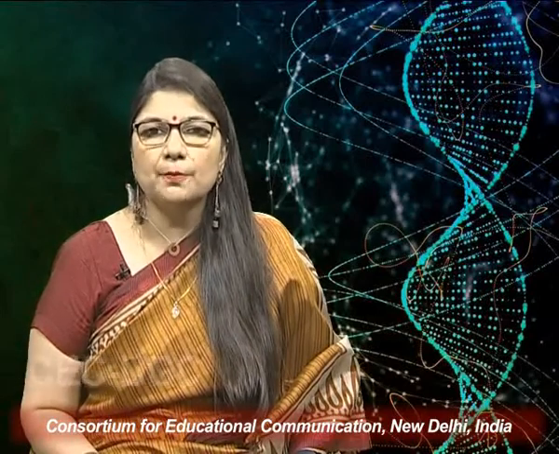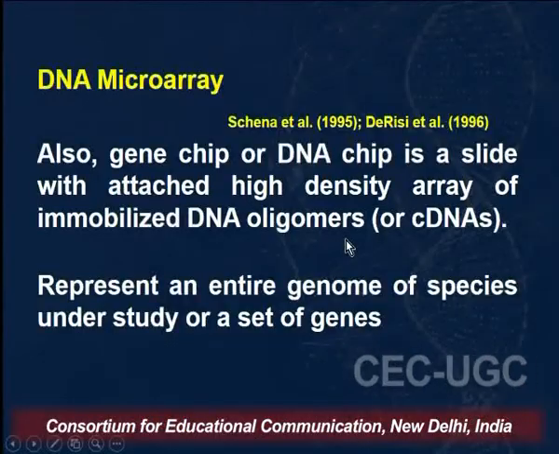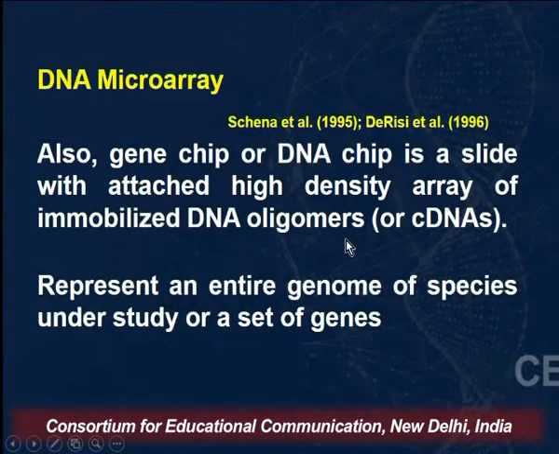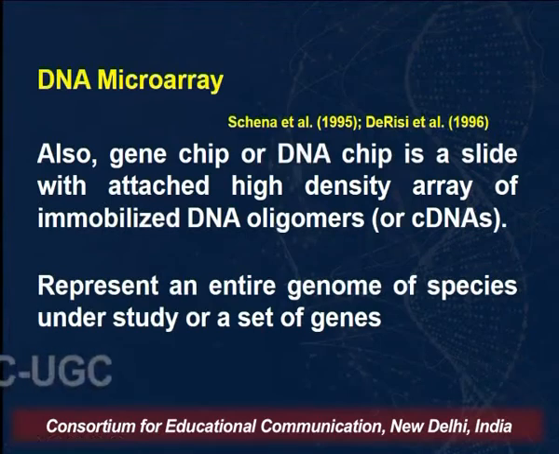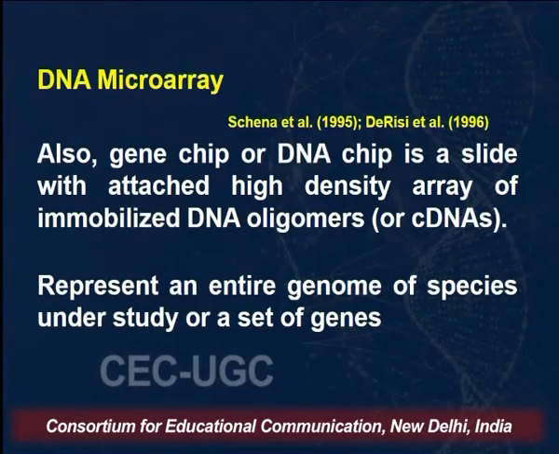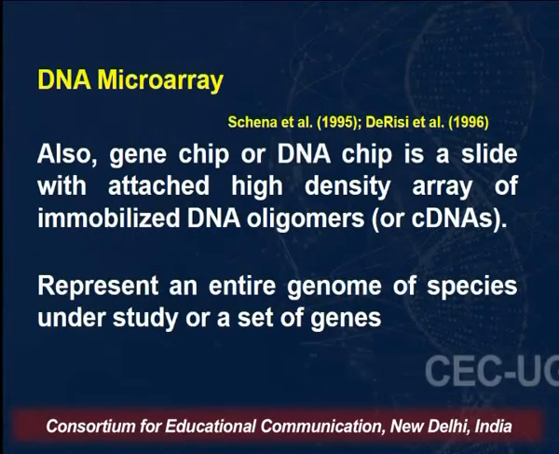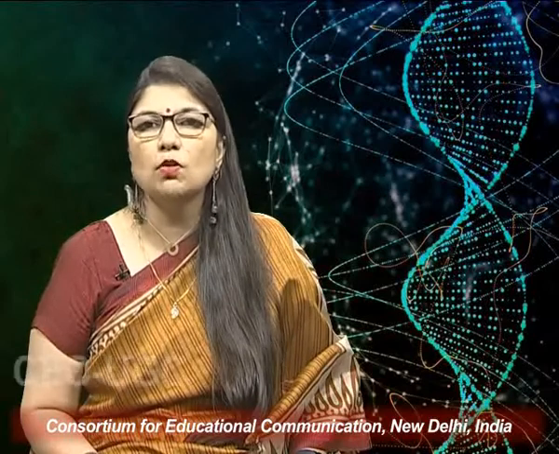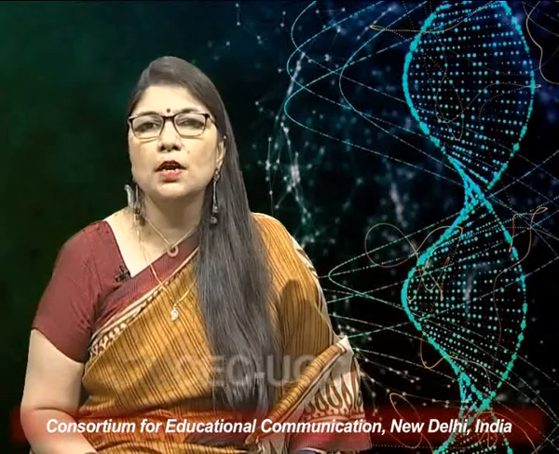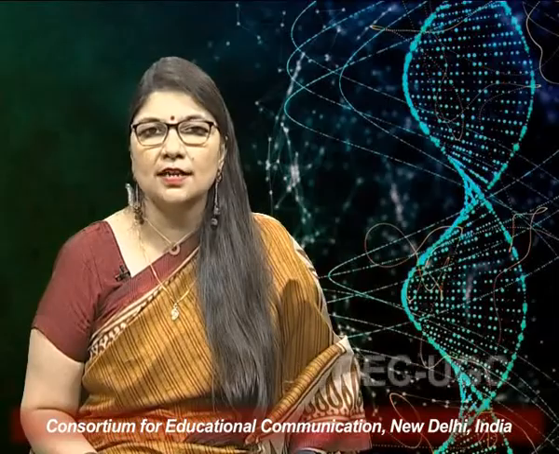Now, usually on the DNA microarray, these immobilized DNA oligomers represent an entire genome of the species under study, or sometimes a set of genes. It depends upon what we want to study, but most of the time they represent the whole set or entire genome of the species under study.